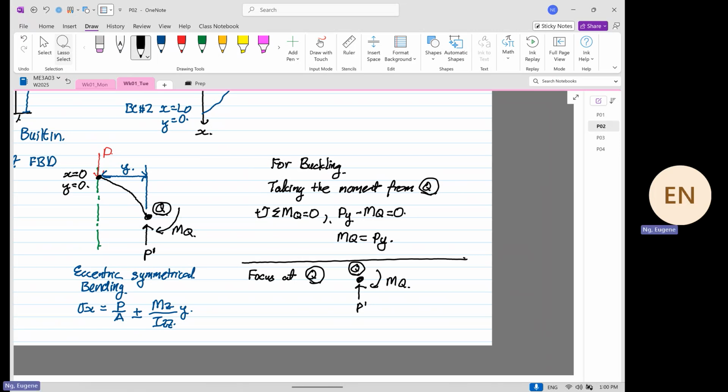Does MQ go clockwise or anti-clockwise? Clockwise. So therefore, MQ is equal to minus Py because it's going in the what? Clockwise.